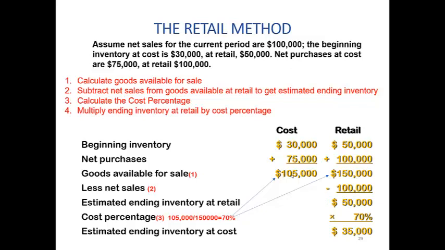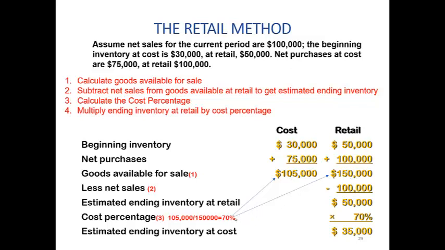The third step is to calculate our cost percentage. To do that, we're going to take our goods available for sale at cost and divide it by the goods available for sale at retail. So the 105 divided by the 150 tells us that our cost is 70% of our retail.